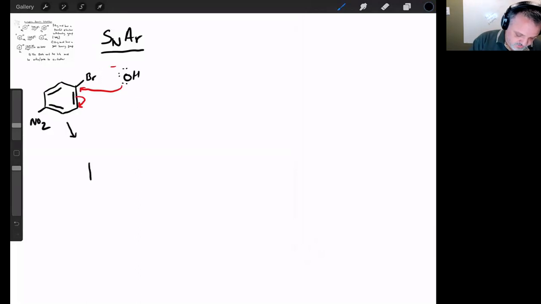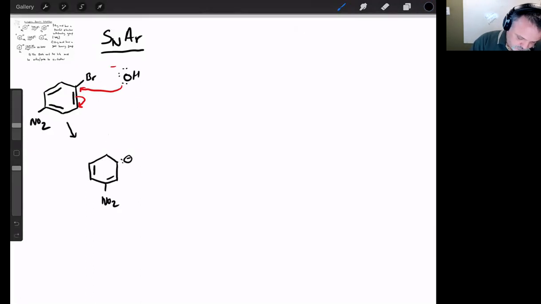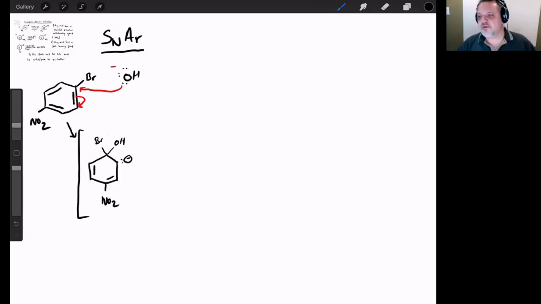What will look similar is that we will have a set of resonance stabilized intermediate ions, except instead of being cations, they're anions.